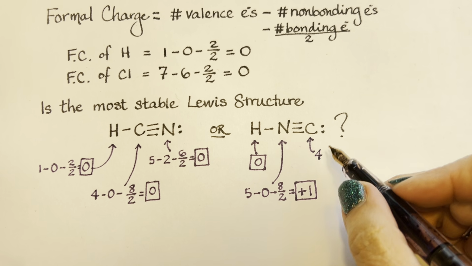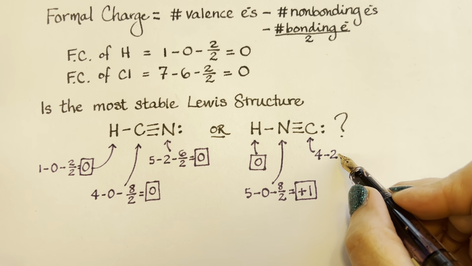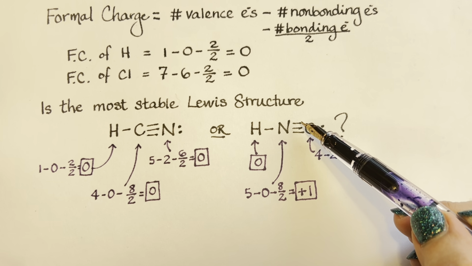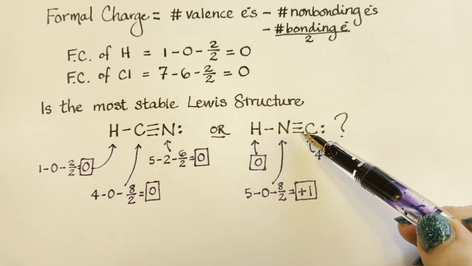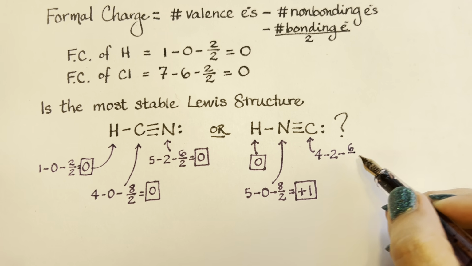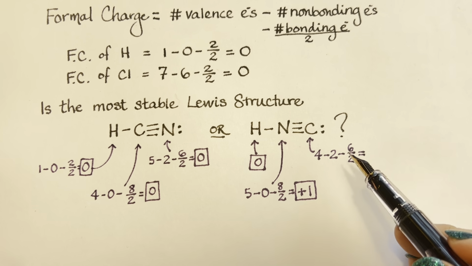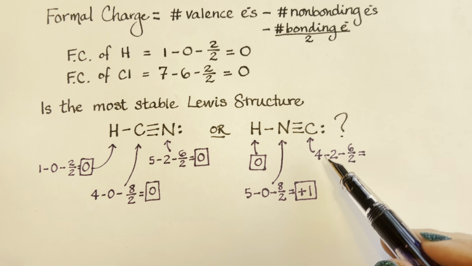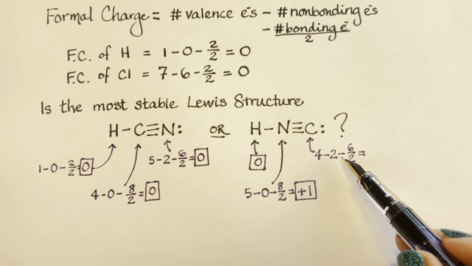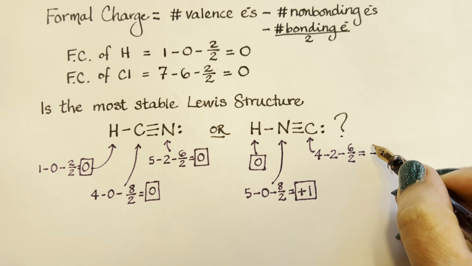It's got a lone pair, so we'll subtract those 2 electrons, and then we will subtract out the number of bonding electrons divided by 2. 2, 4, 6, divided by 2. So with carbon, in this case, 4 minus 2 minus 3 is minus 1.